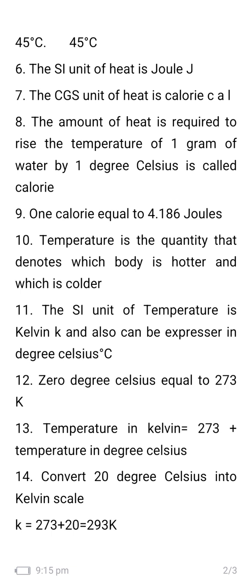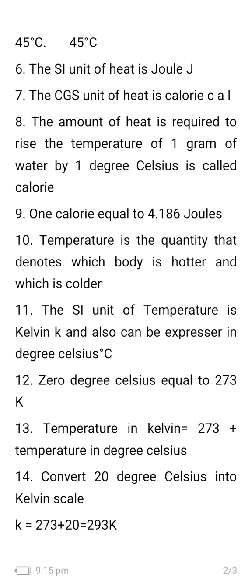Eighth one is also important. One calorie is equal to what? What is the meaning of one calorie? One calorie is the amount of heat required to raise the temperature of 1 gram of water by 1 degree Celsius. To raise the temperature of 1 gram of water, we need some amount of heat.